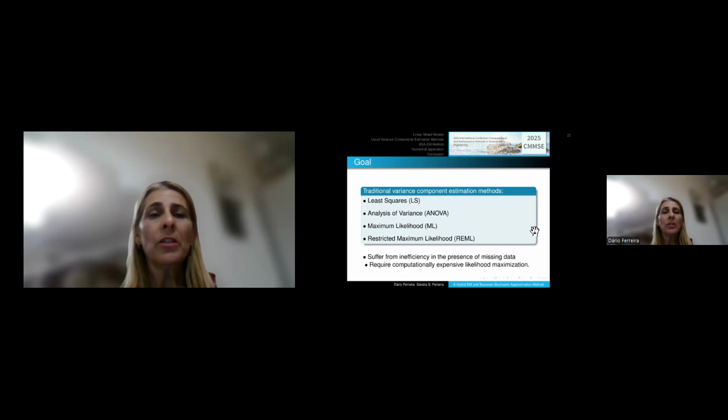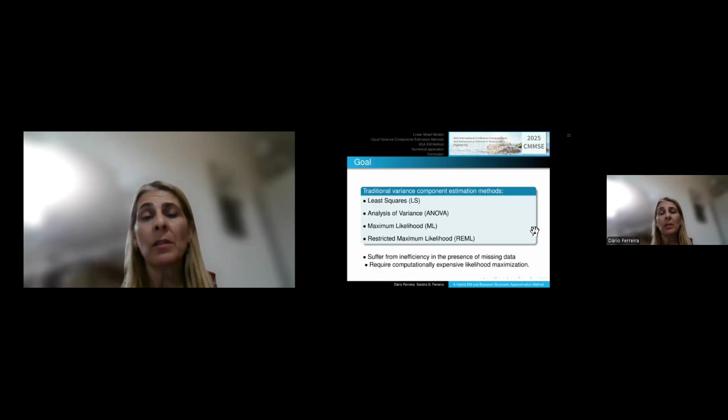The traditional variance component estimation methods, as we know, are least squares, analysis of variance, maximum likelihood, and restricted maximum likelihood.